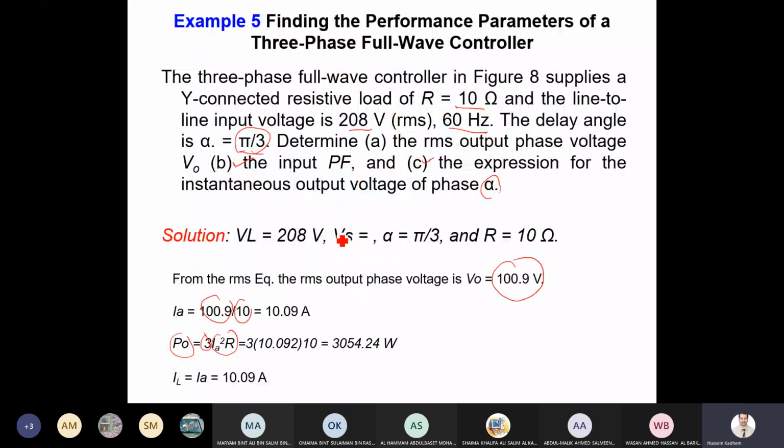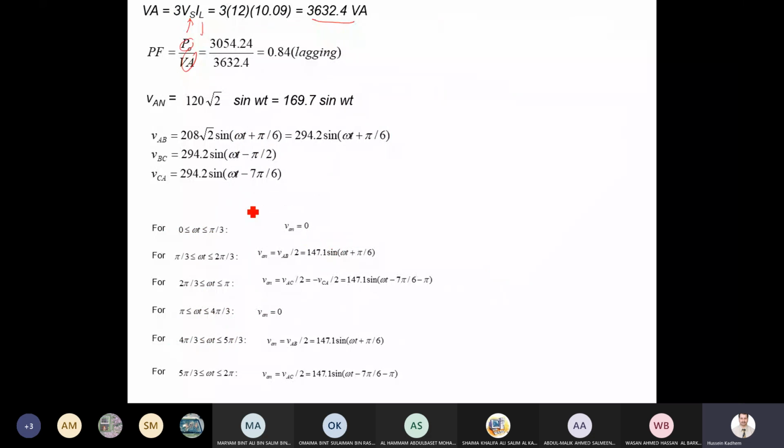So I just follow the waveform. And by the way, we need VAN. We have the voltage VS 208 here, and we find it. Please check the number, maybe here in the editing. Now, VAB, VBC, VCA, I have the formula. We just mentioned it.